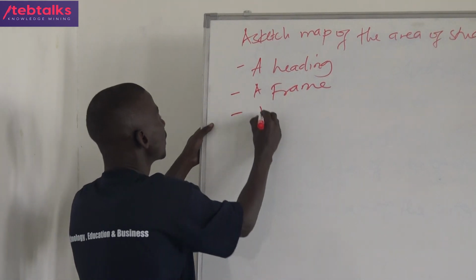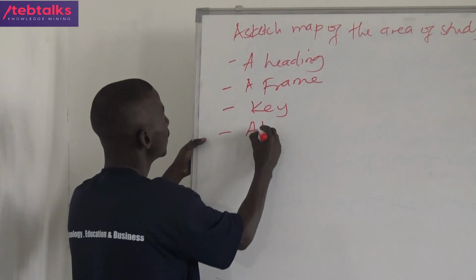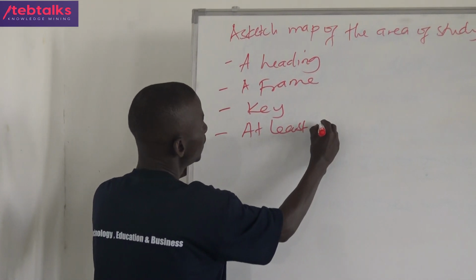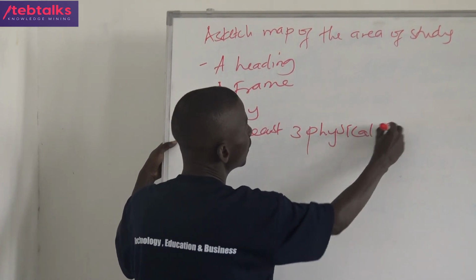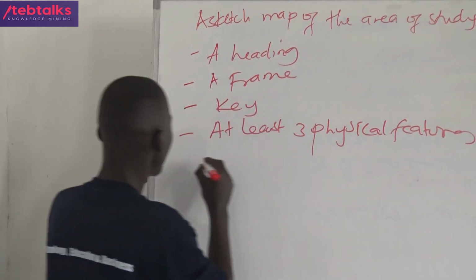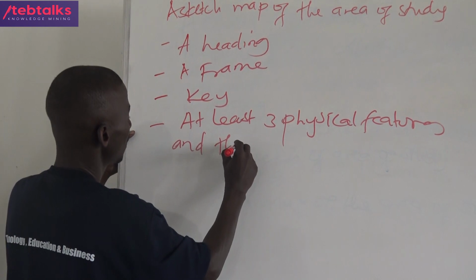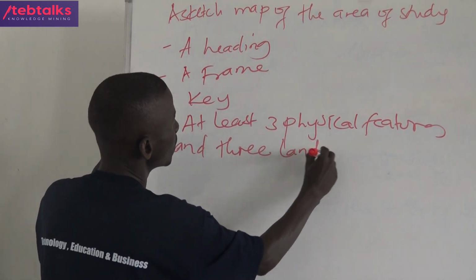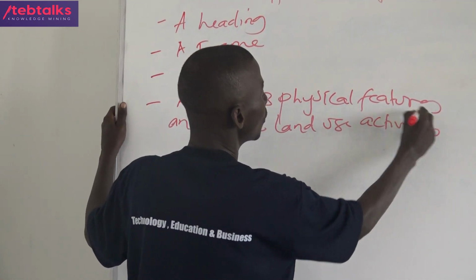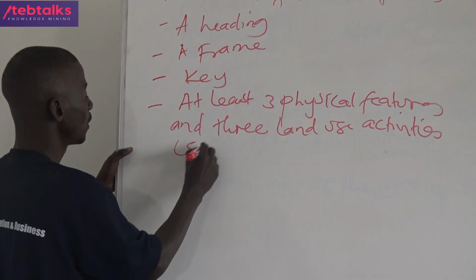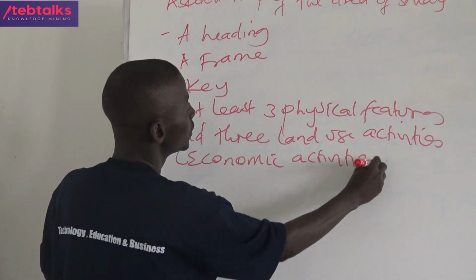It should have a key, and should give at least three physical features and 3 land use activities, or what we call economic activities.